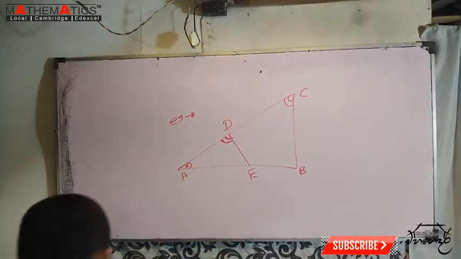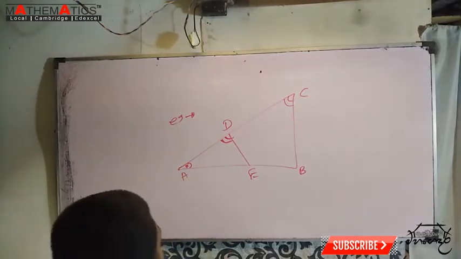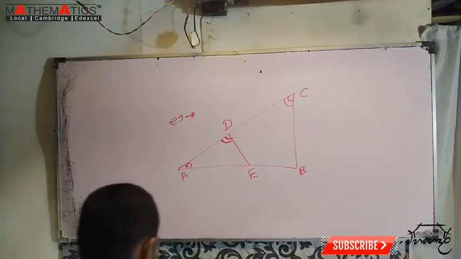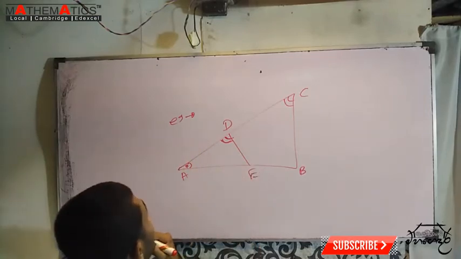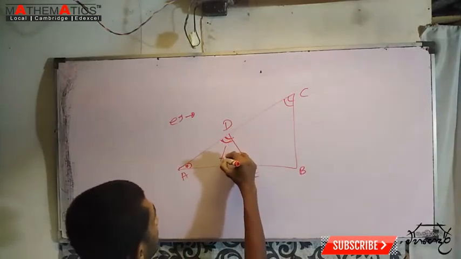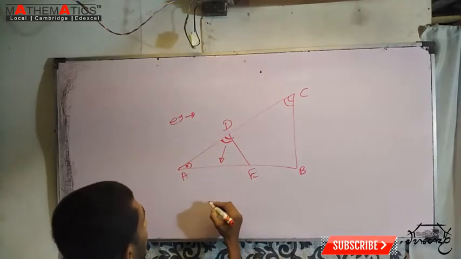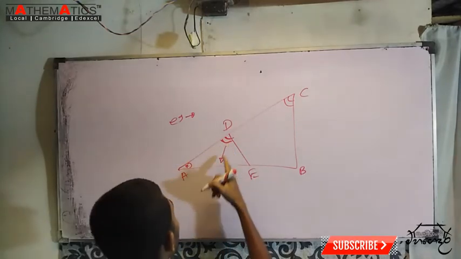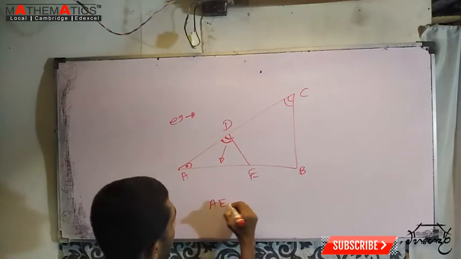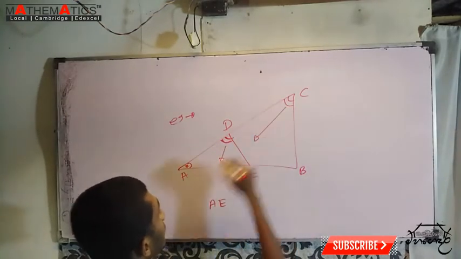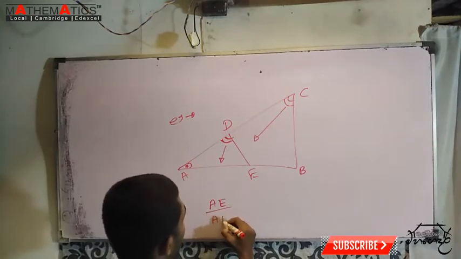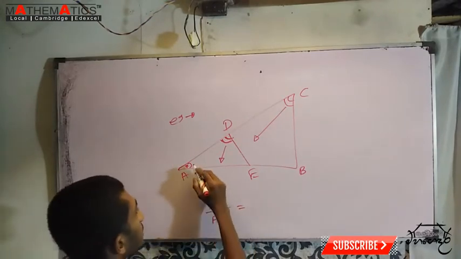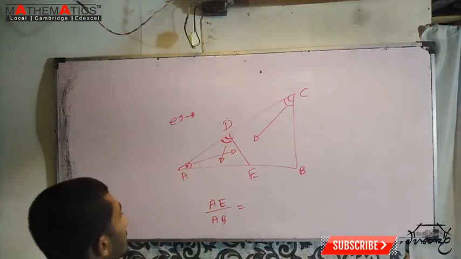Anyway, now we can write the relation between the sides like this. What is the opposite side of this angle of the small triangle? It should be AE. And what is the opposite side of this angle in the large triangle? It should be AB. Now what is the opposite side of this common angle of the small triangle?